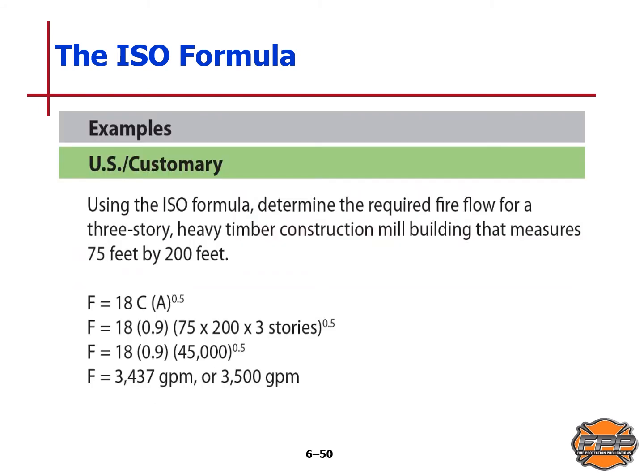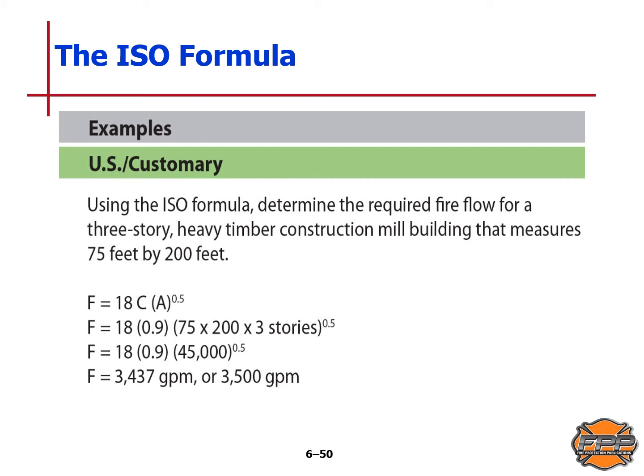So here's an example using U.S. customary or imperial measurement, using the ISO formula that we just reviewed. Using the ISO formula, determine the required fire flow for a 3-story heavy timber construction mill that measures 75 by 200 feet.